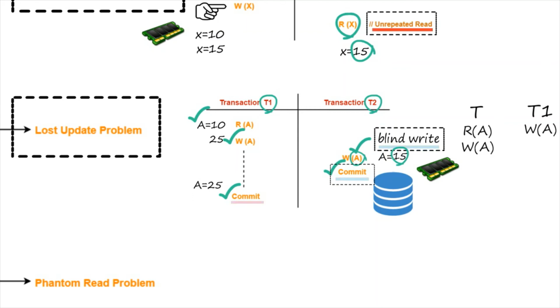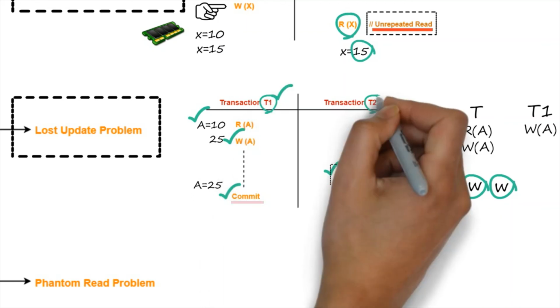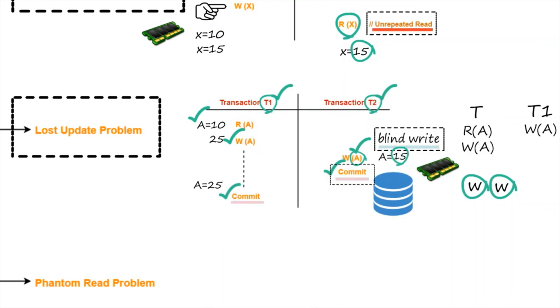However, the third reason is we have write-write conflict. Now, what do you mean by write-write conflict? The meaning is whenever we have two different transactions and both are performing a write operation on the same value, this kind of situation is known as write-write conflict.